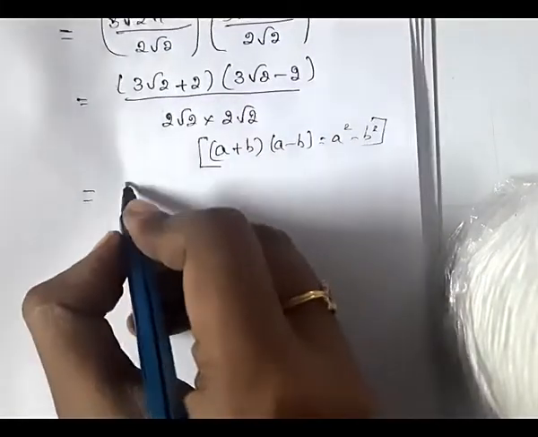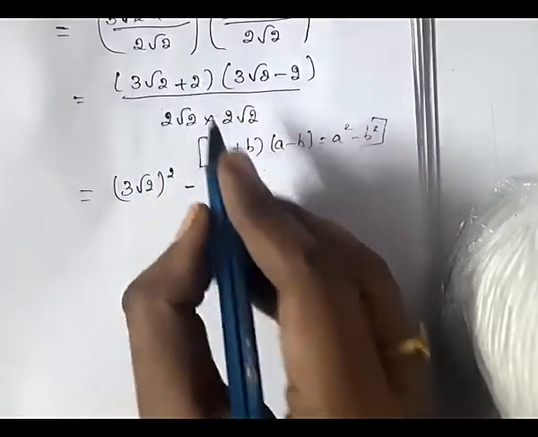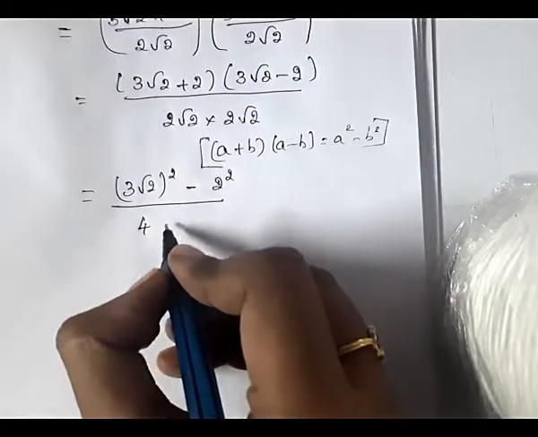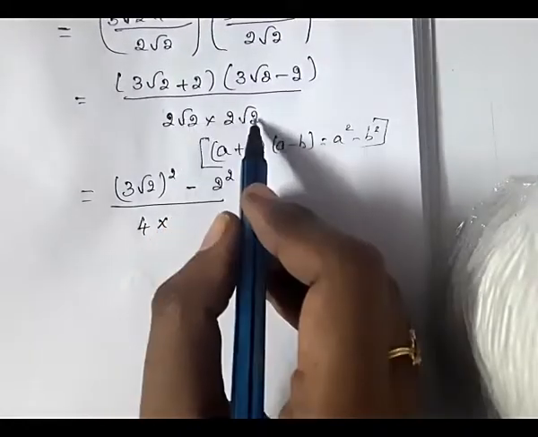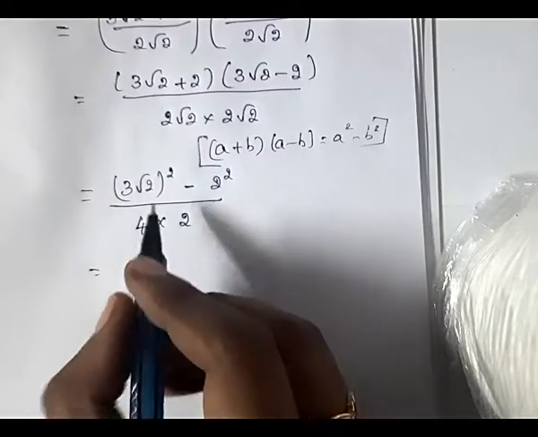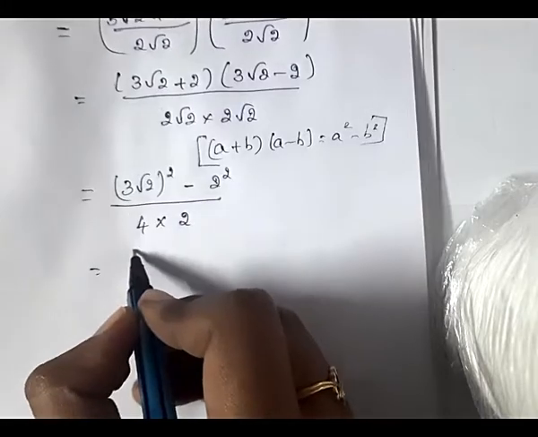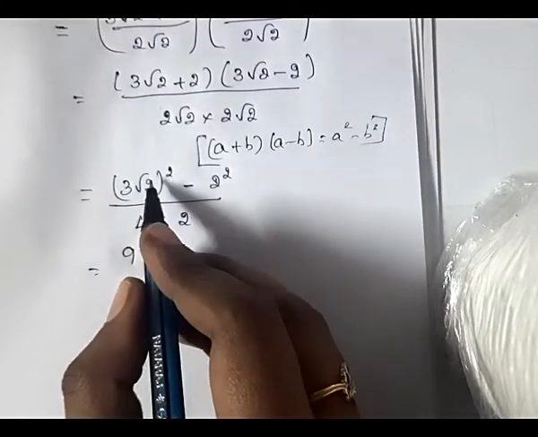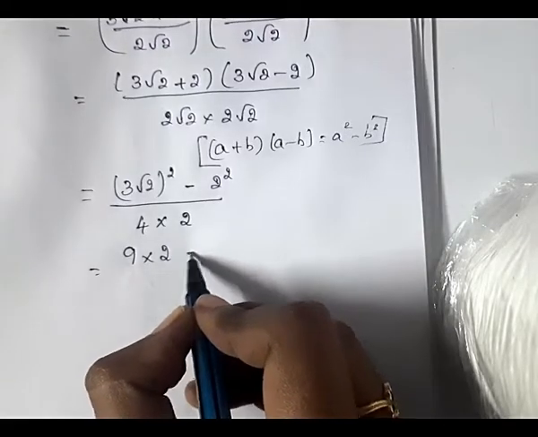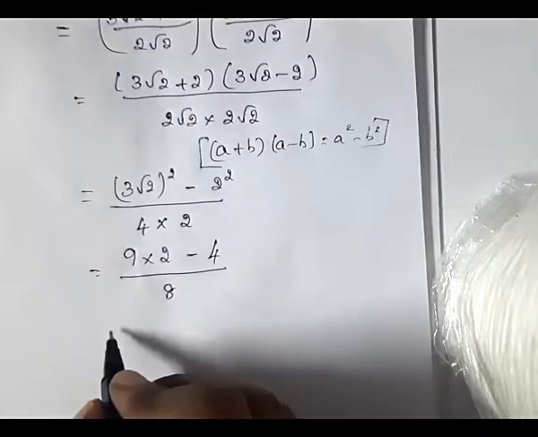a square, 3 root 2 square, minus b square, 2 square, by 2 into 2, 4, into root 2 into root 2. That is equal to, so 3 square value is 9, root 2 square is 2, minus 4 by 8.